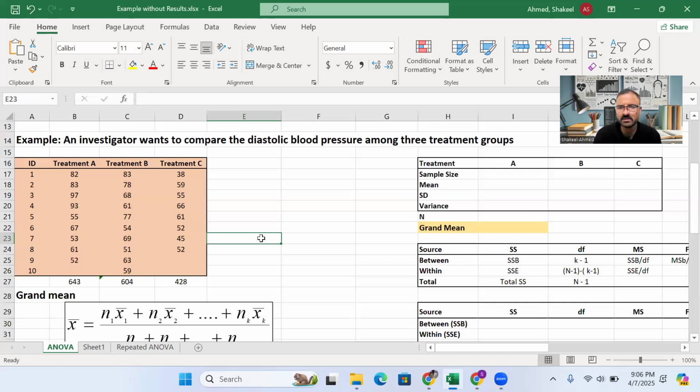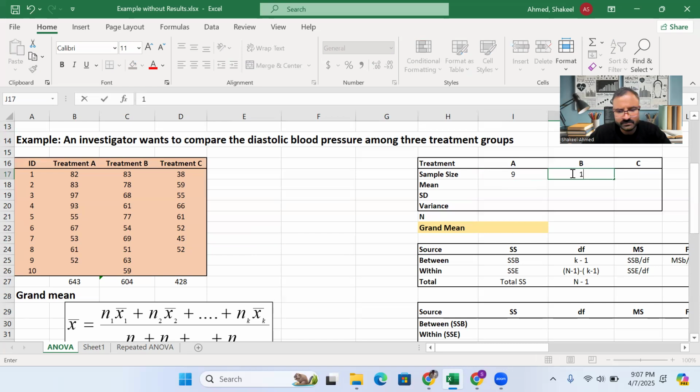So we need to perform an analysis of variance to test whether the mean diastolic blood pressure is different or not in the three groups, three treatments. So we can write the sample sizes. For group A, the sample size is 9. For group B, the sample size is 10. And for group C, the sample size is 8.